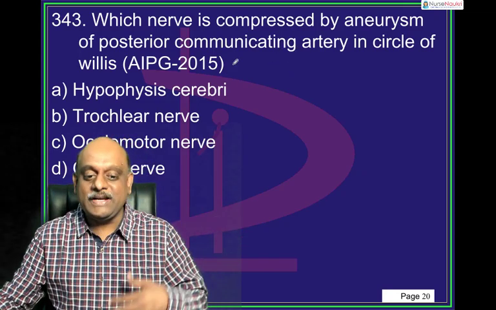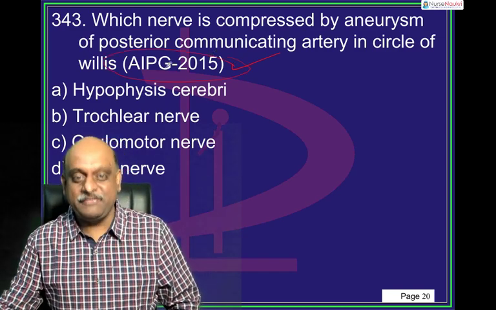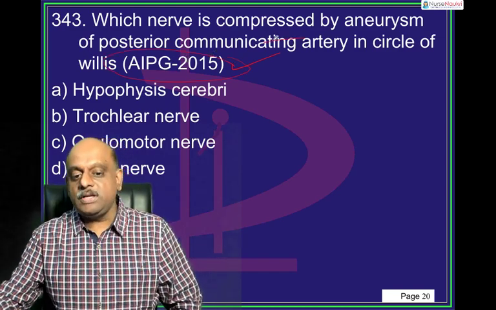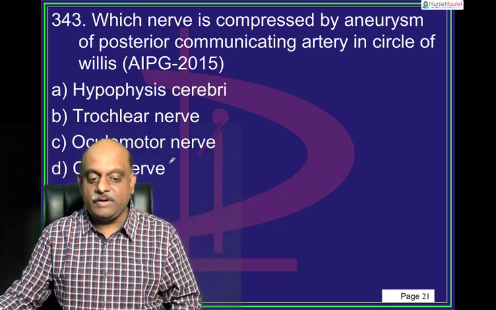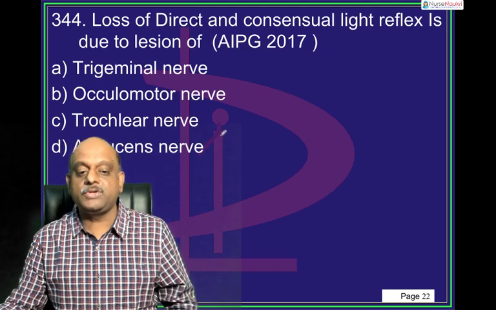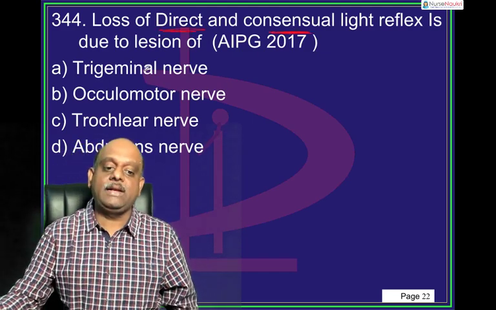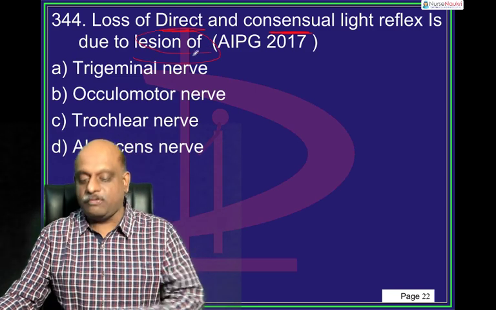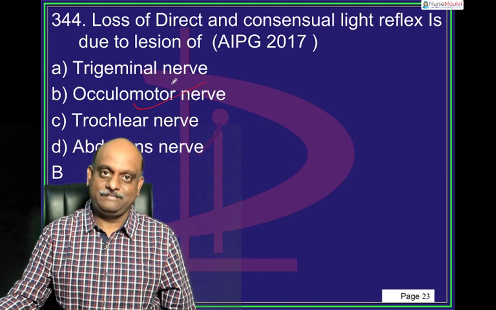That is the question in the All India Postgraduate Dental Entrance Exam 2015. Which nerve is compressed by the aneurysm of the posterior communicating artery? What is your answer? Oculomotor nerve is what you need to remember. Loss of both direct and consensual light reflex is because of the lesion of what? It is because of the lesion of oculomotor nerve.